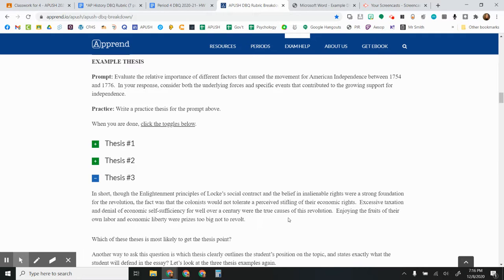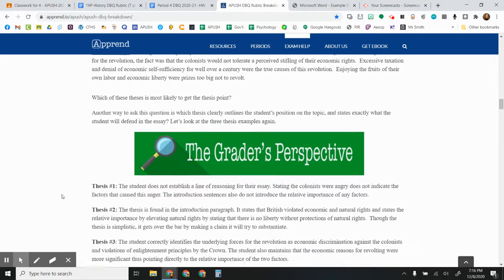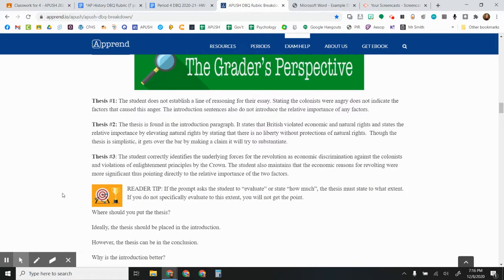So they have made a defensible stand and said, you know what? Those ideas certainly played a role, but it was actually the economic issues that drove the colonists towards independence. All right. So looking at this site's evaluation, in thesis one that would not get the point, the student does not establish a line of reasoning for the essay.